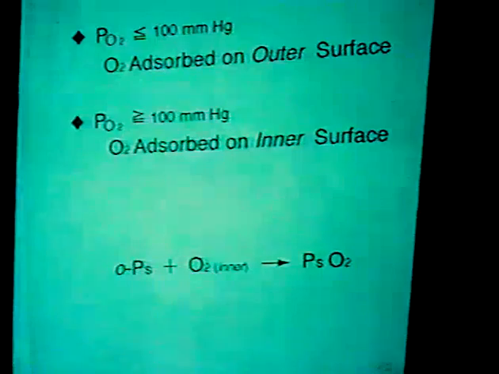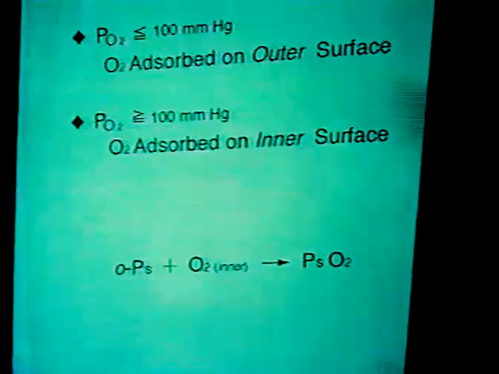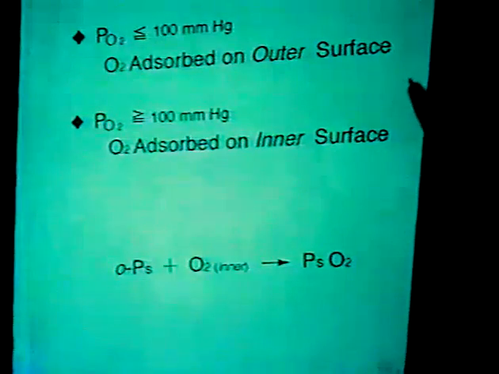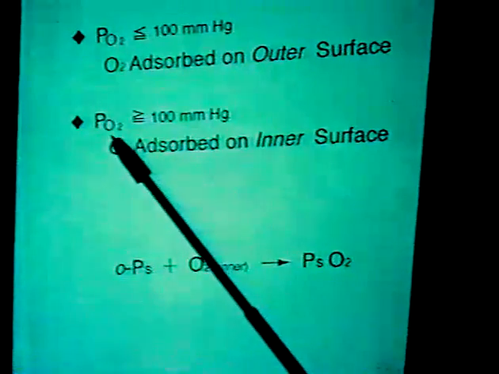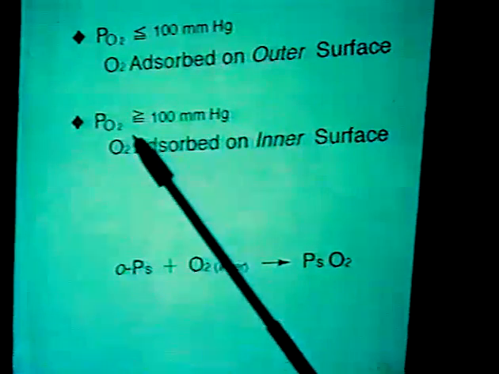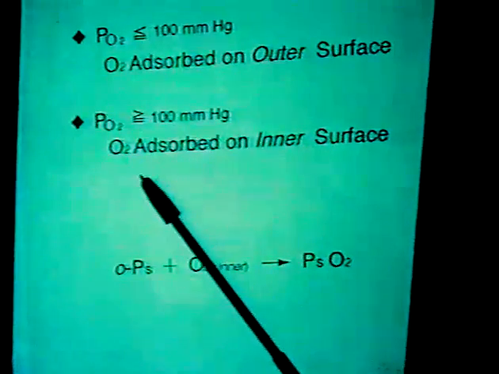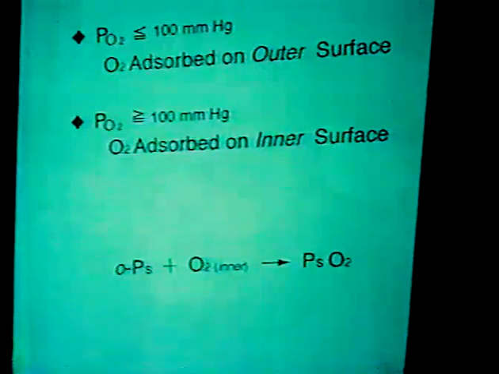The lifetime of positron in sepiolite was prolonged by contacting the sample with oxygen gas at more than 100 millimeters Hg. A drastic change of oxygen absorption may be attributed to the absorption of oxygen inside of the tunnels. Therefore, positronium reacts with absorbed oxygen inside of the tunnels and forms positronium oxide.